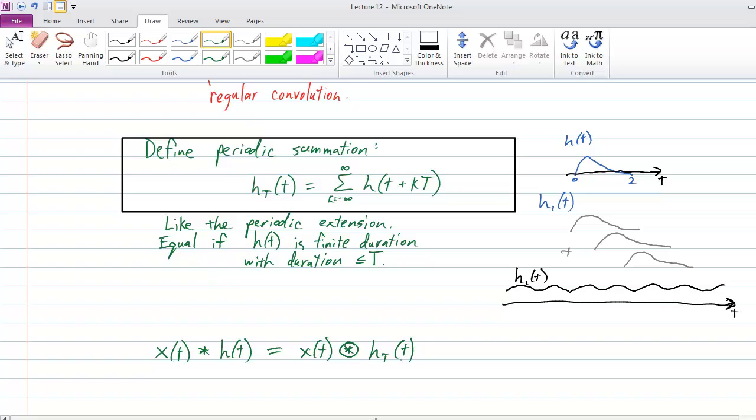So the regular convolution of this periodic signal with something is the circular convolution, the periodic convolution, of x with the periodic summation of the other one.